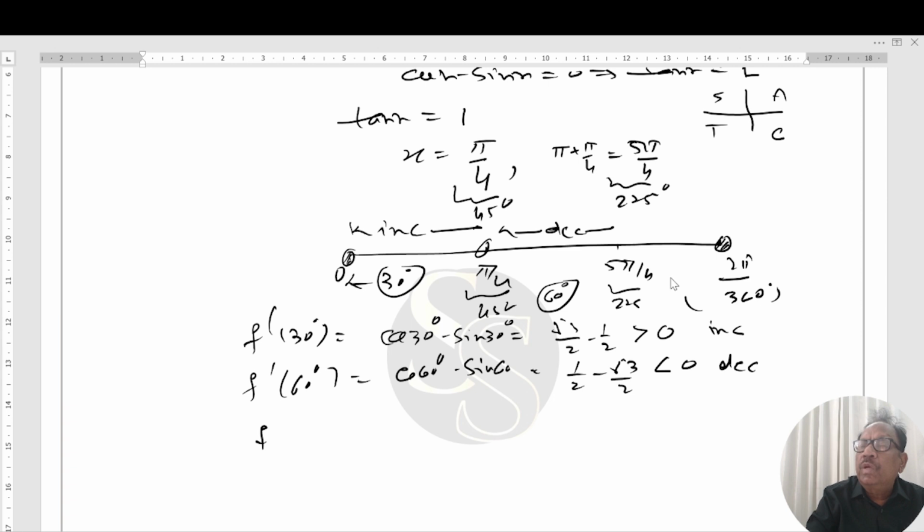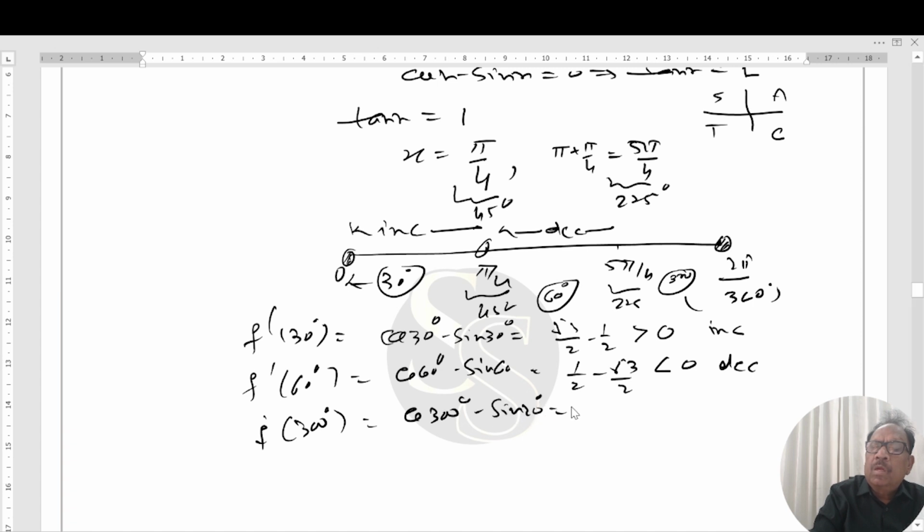Then for the interval after 225, we can take 300. f dash 300 is cos 300 minus sin 300. That is cos 360 minus 60 minus sin 360 minus 60.